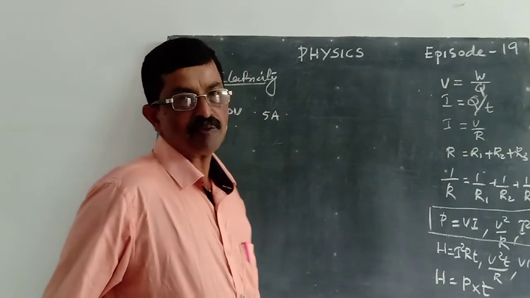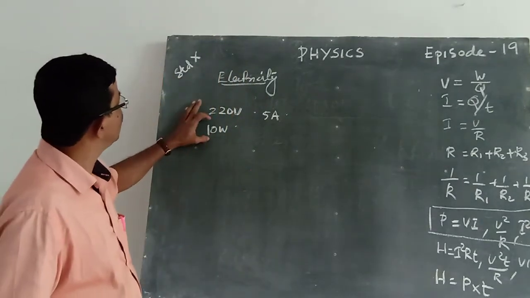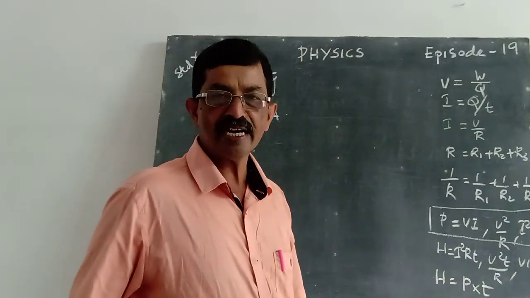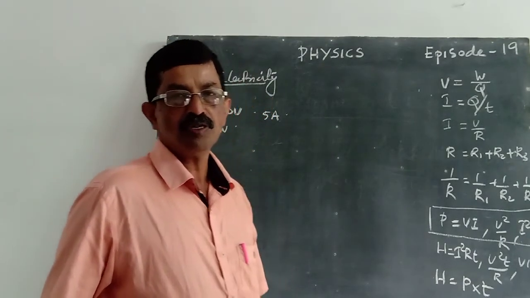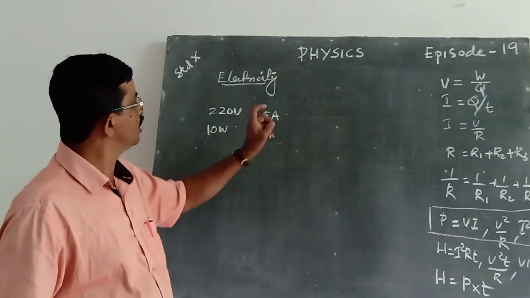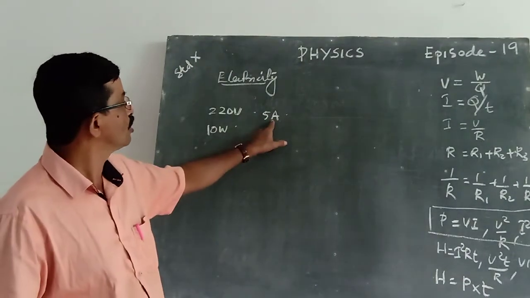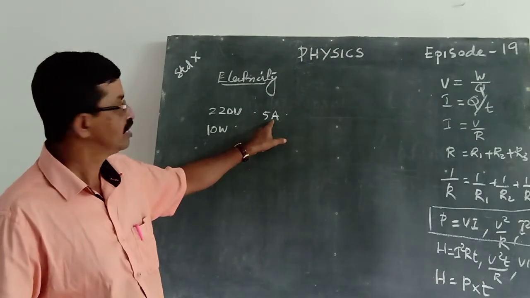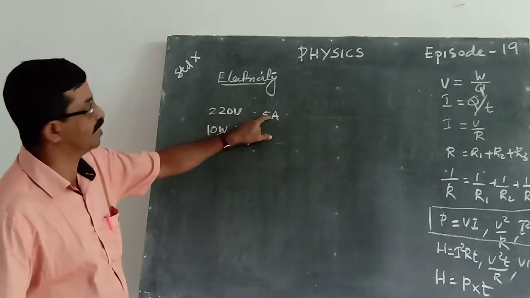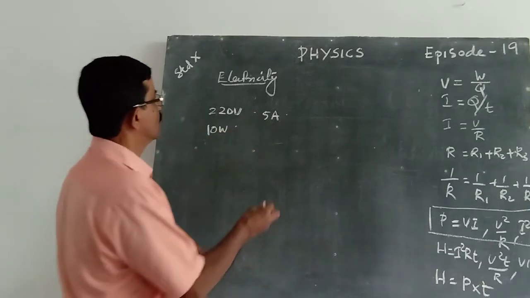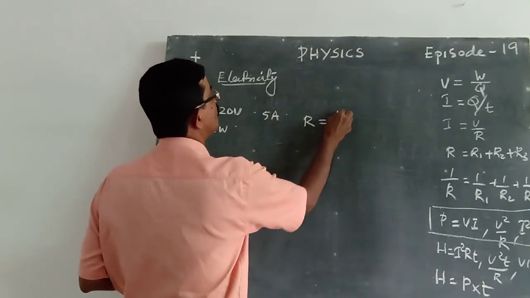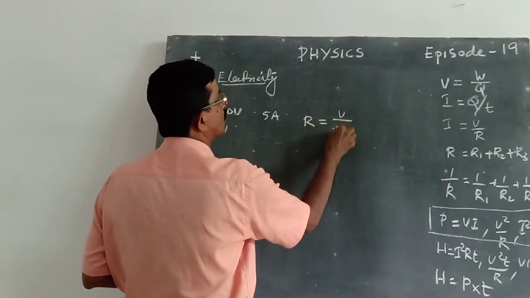Then we want to find out how many 10 watt bulbs we can connect in order to keep the current in the circuit at 5 ampere. Here you see, we know the potential and the current, so the resistance we know, R = potential by current.